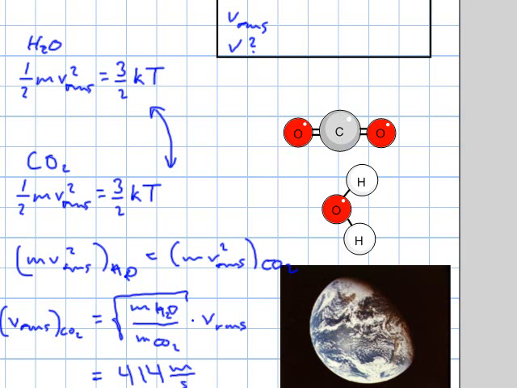However, if you compare that to H2 molecules, so just hydrogen gas has a mass of 2 compared to the CO2 of 44, so the ratio there is 22, and this of course implies the square root of that, which means that the root mean square speed of hydrogen is approximately 5 times higher, so you come up with 2,000 meters per second.